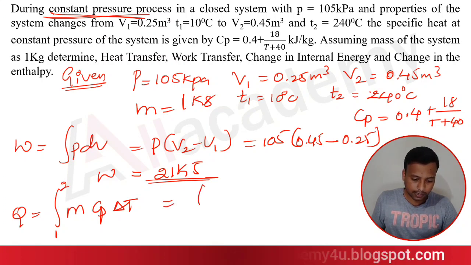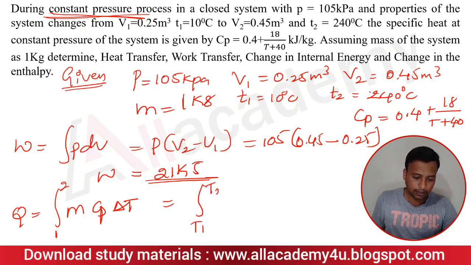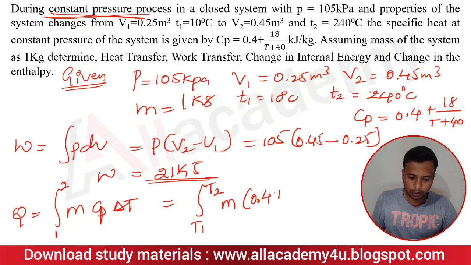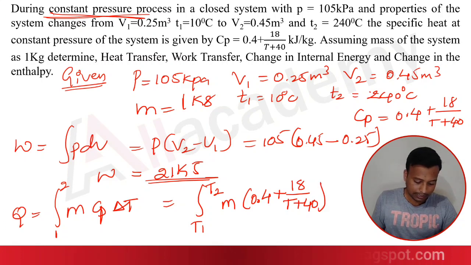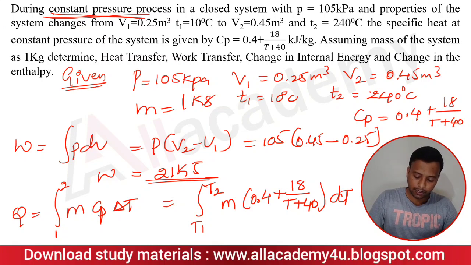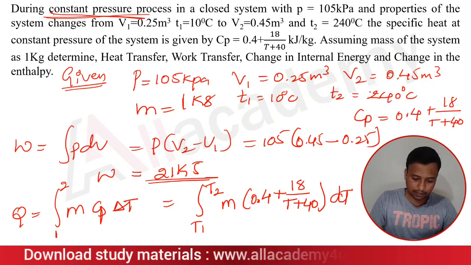I will write the integration from T1 to T2 of m into Cp, where Cp is the temperature equation 0.4 plus 18 divided by T plus 40, into dT. Let us integrate this.